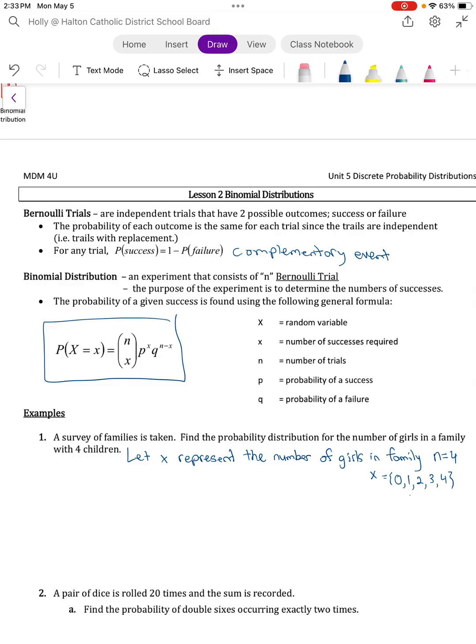So the point of interest would be the random variable x, which would be having 0, 1, 2, 3, or 4 girls. So when we add those up, let's look at finding P. The probability P of having a girl, that would be our success, is 0.5. And Q would be 1 minus 0.5, which would be 0.5, that would be having a boy.